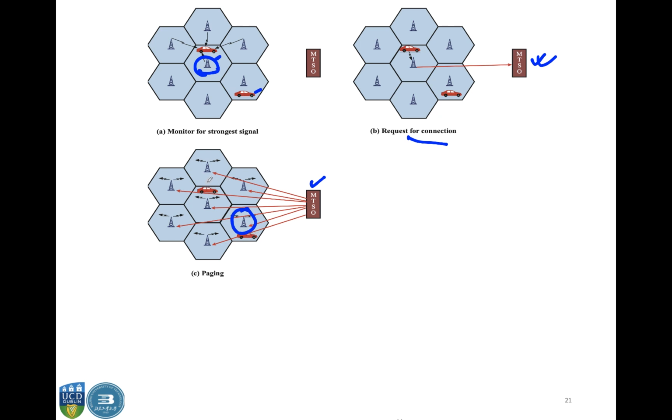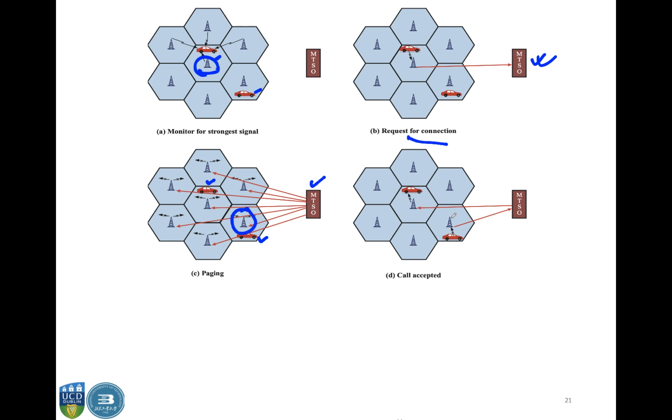So essentially you are trying to connect from this mobile unit to this mobile unit. So the MTSO, after receiving this request for connection, sends paging signals to all the base stations in the area. Okay, and then this destination base station, after receiving the paging signal, will understand that there is a call that needs to be accepted, which is originated by this base station. So the call is accepted in this phase. Okay, phase D.